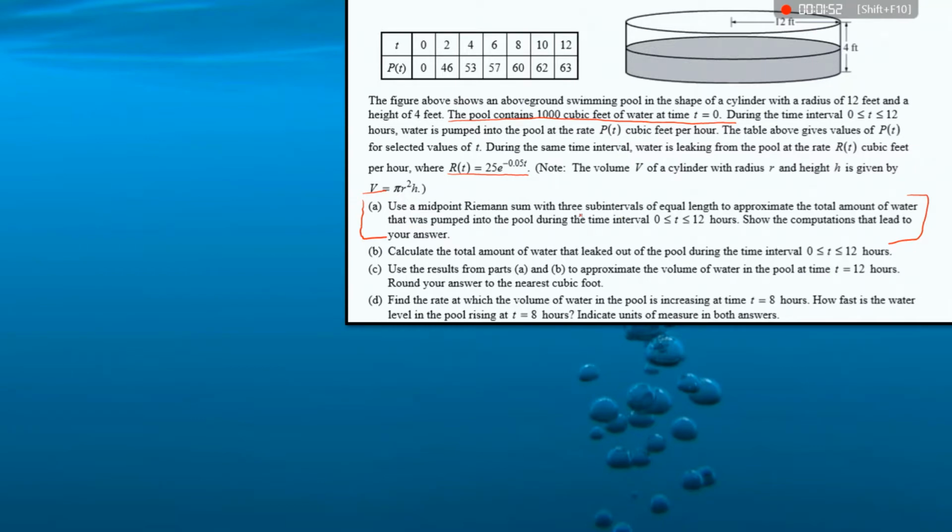I need 3 subintervals of equal length from 0 to 12. Oh wait, so we use 2, 6, and 10. Right. First subinterval, second subinterval, third subinterval, and then midpoints 2, 6, and 10.